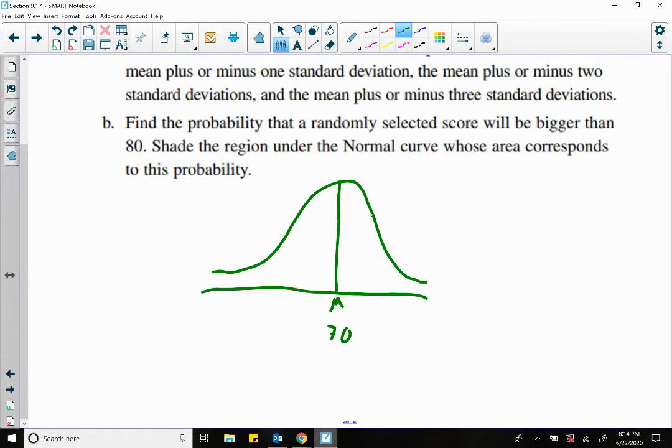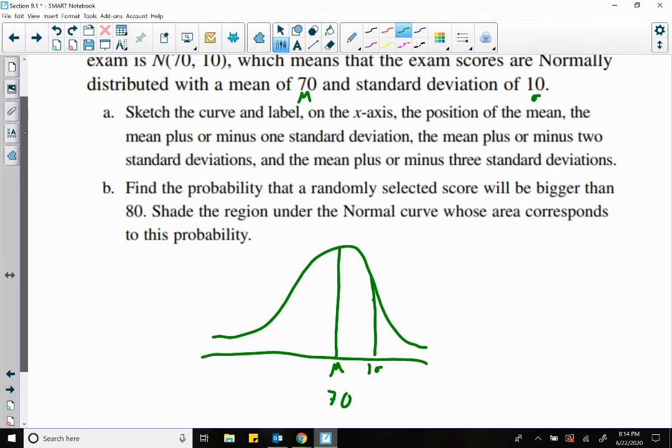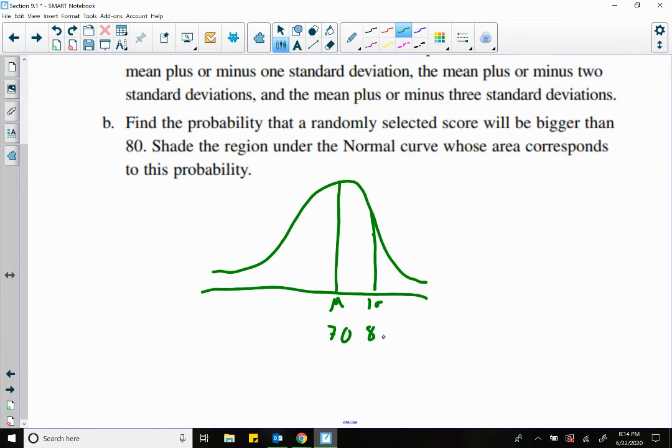And then when we go out to 1 standard deviation away, our standard deviation was 10, so that means this is 80. When we go out to 2 sigma, that's 90. When we go out to 3 sigma, that's 100.